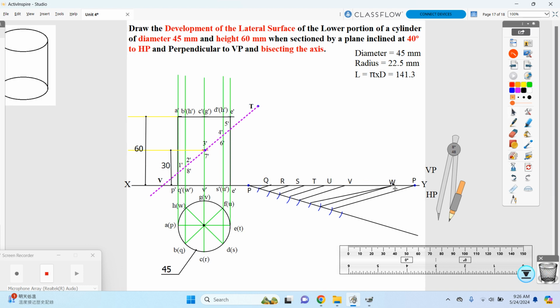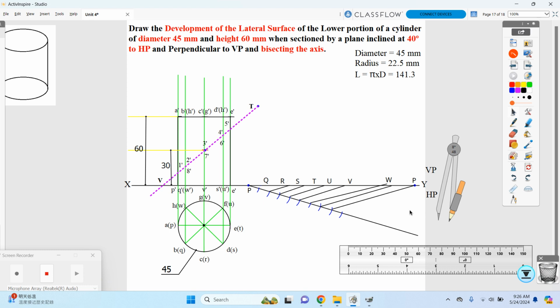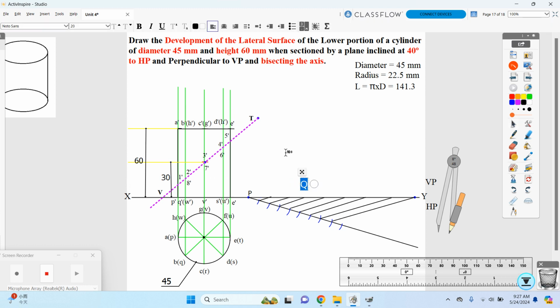So this is your W, P, Q, R, S, T. This is your Q. Then this is your R, Q, R point.